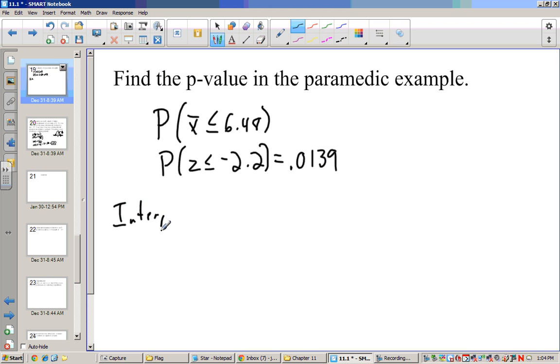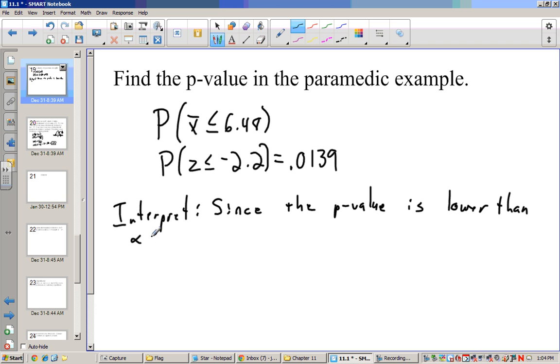So when we interpret that, we say since the p-value of 0.013 is lower than alpha equals 0.05, we reject the null hypothesis.